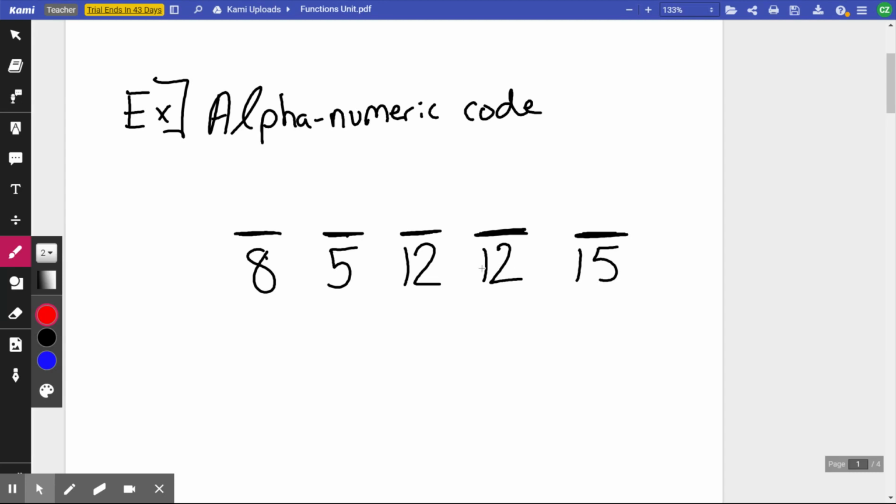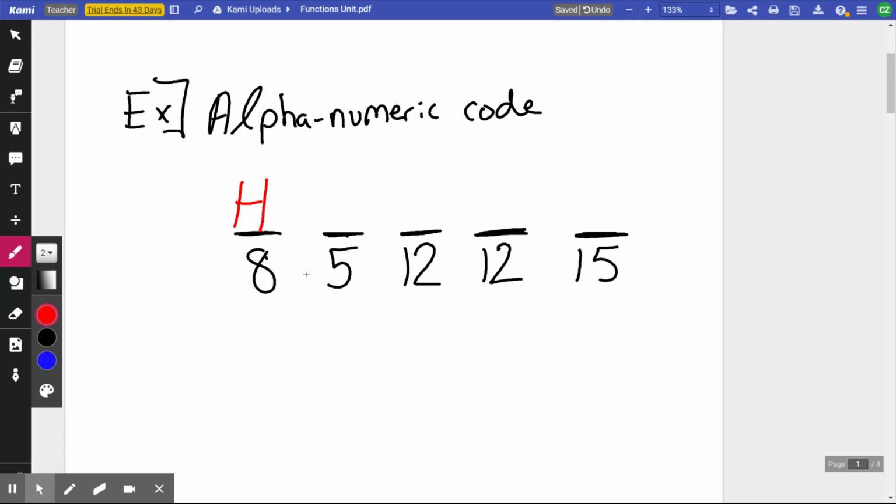What that means is the output is a letter of the alphabet, specifically what number of the alphabet that is. So our first input is 8, and what we're going to get back from this function is the 8th letter in the alphabet. That letter's A, B, C, D, E, F, G, H. So if we input the number 8, this function gives us back the letter H as an output.